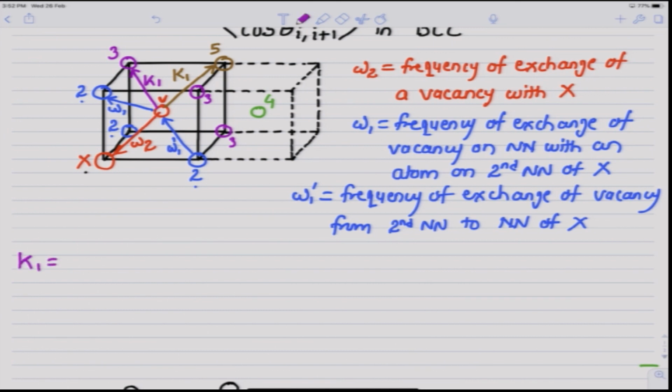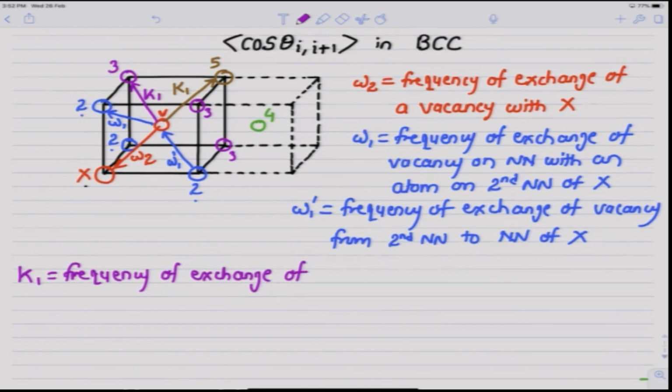So, K1 is the frequency of exchange of the vacancy from nearest neighbor of X to third or 5th nearest neighbor of X.